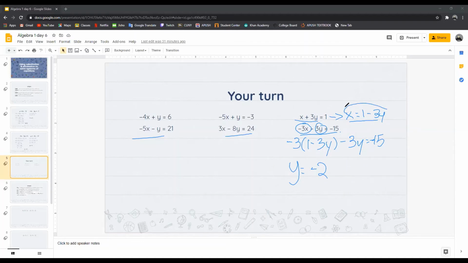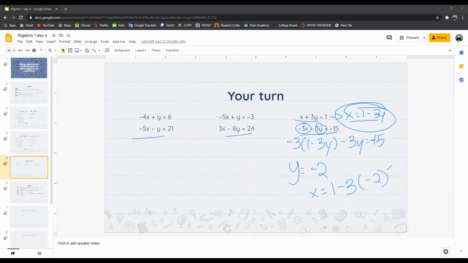Do you want to solve it now, or should I just go over it? You should go over. All right, so I'm just gonna choose this one because x is already alone. So instead of writing y, we would write our -2 in parentheses.